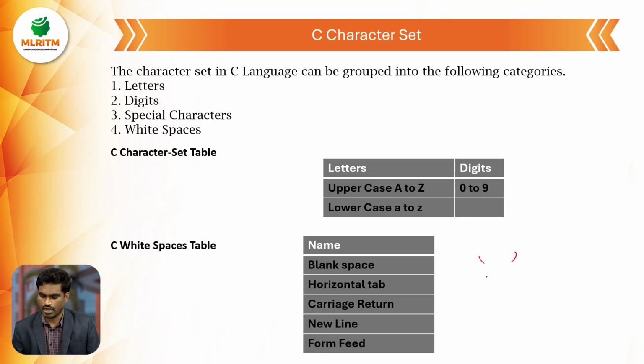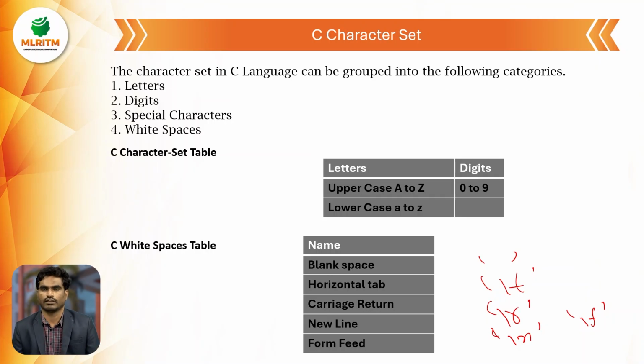Next, horizontal tab is represented as \t. Next, carriage return is represented as \r. Next, new line is represented as \n. Next, form feed is represented as \f. Here, blank space gives some space.